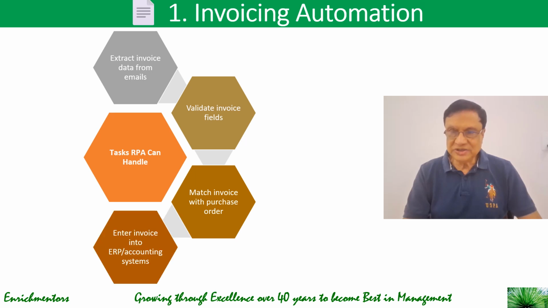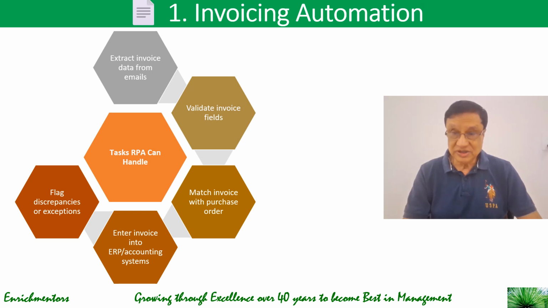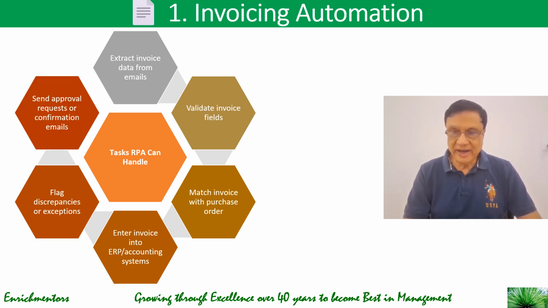Then you enter the vendor invoice number in ERP and accounting systems like SAP and QuickBooks, and if there are discrepancies or exceptions, it flags them. Then it sends approval requests and confirmation emails.